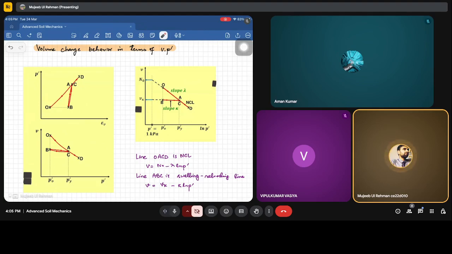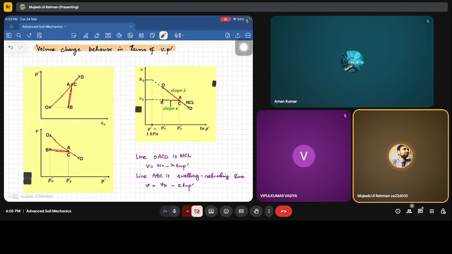Now during reloading, what will happen? There will be some regain, or we can say a slight increase in the void ratio or the specific volume. Later on, when we start unloading it, there will again be some decrease in the void ratio, since this part is a kind of stiffer behavior, or it will show an OC behavior.